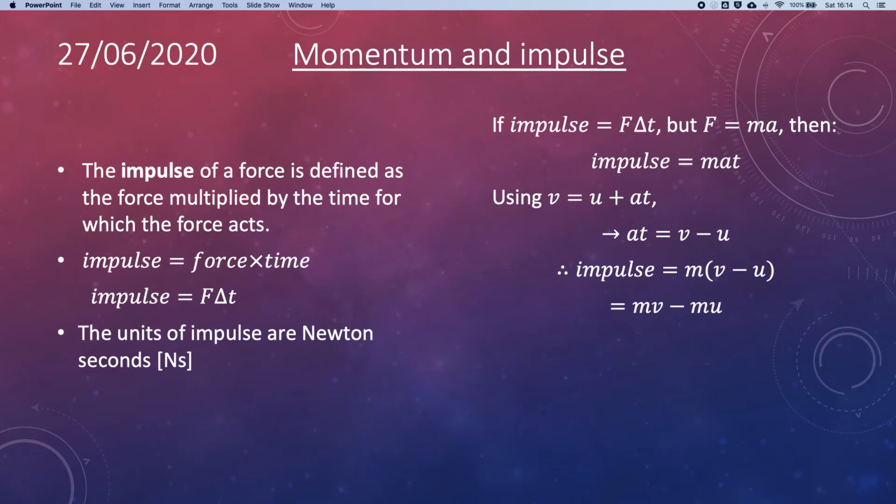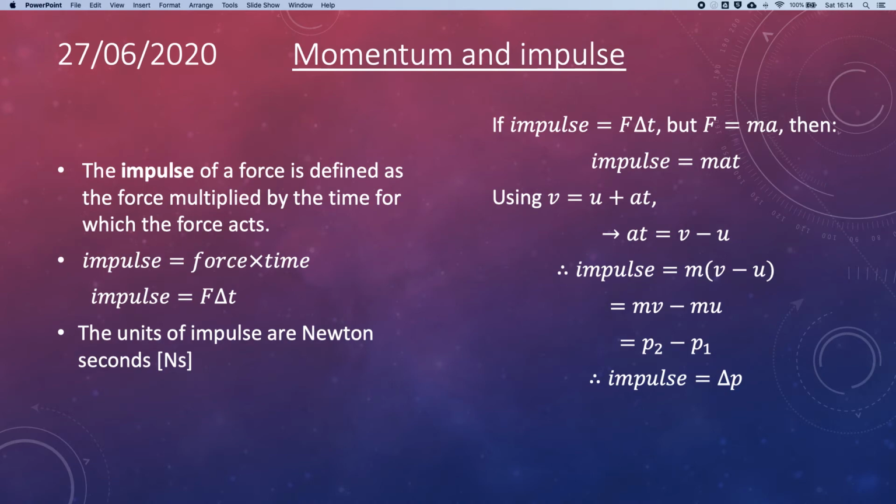Multiplying out those brackets gives me mv minus mu. Well, that's mass times final velocity minus mass times initial velocity. But mass times velocity is momentum, so that's going to give us the final momentum minus the initial momentum, p2 minus p1, or impulse is delta p.